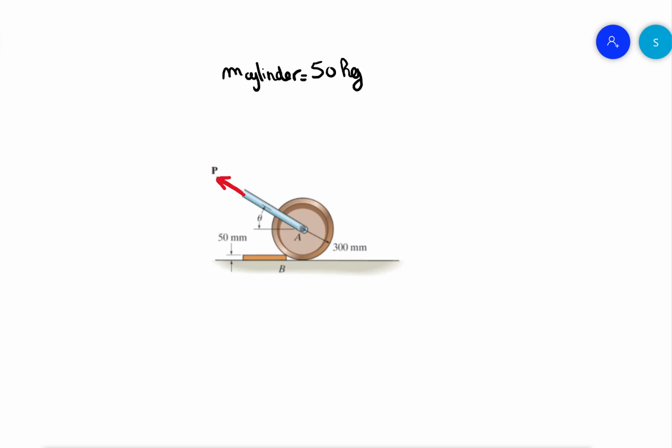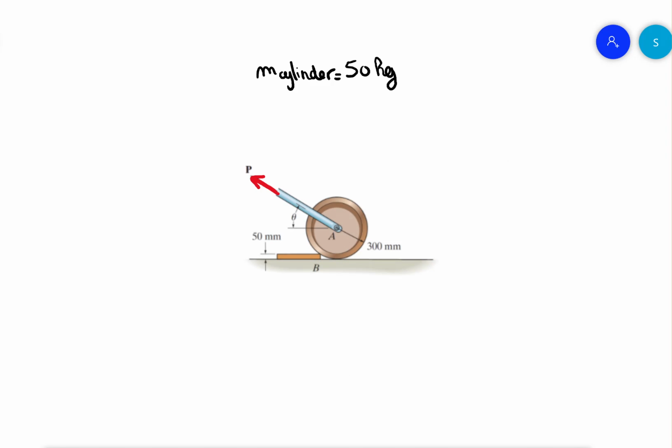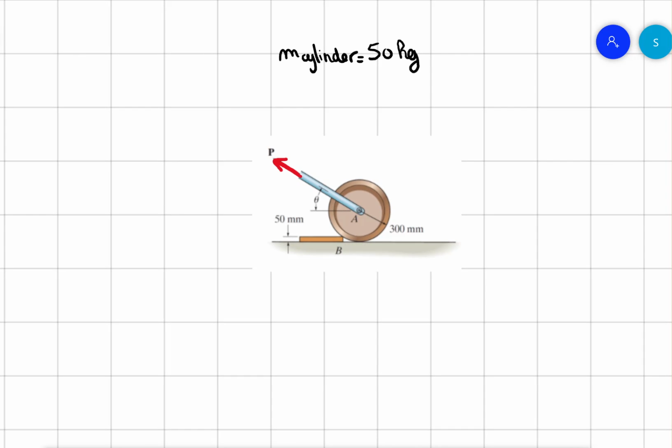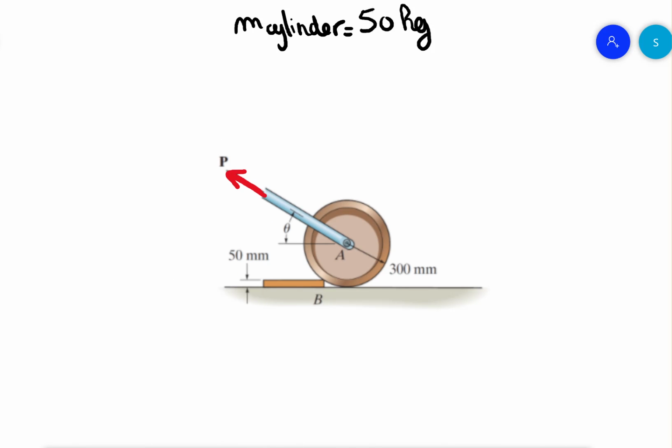Okay, so let's look at this drawing a little bit closer, because I think that's the key. We have the 300 millimeter. What's applied on the cylinder?